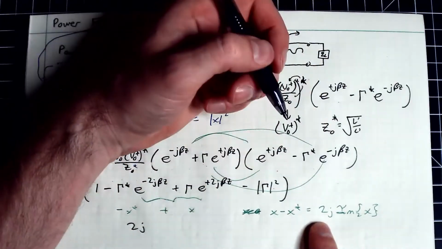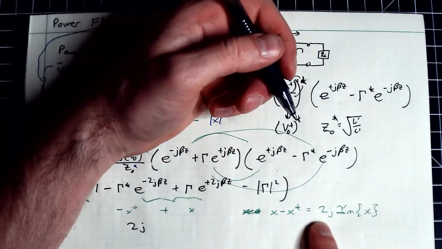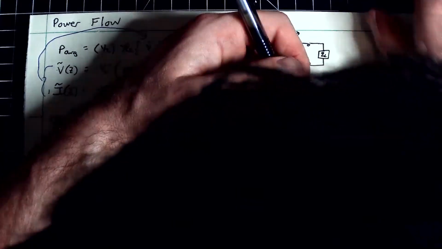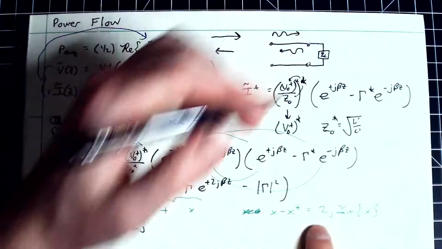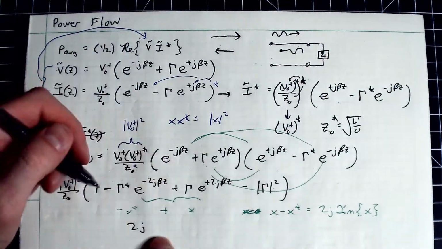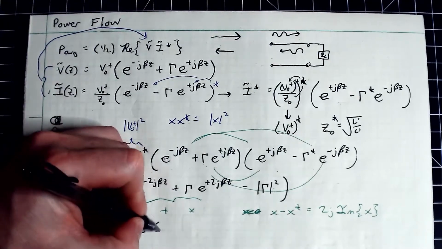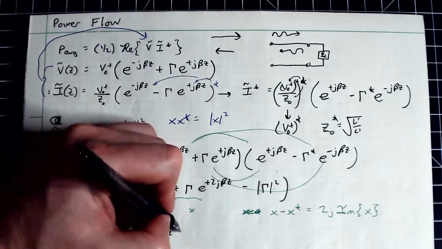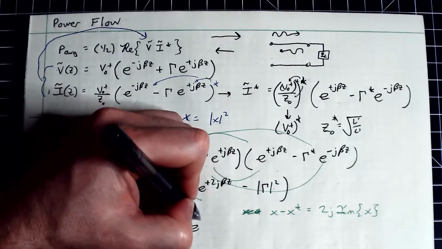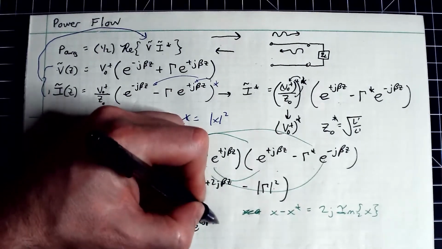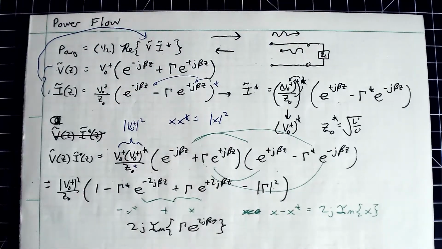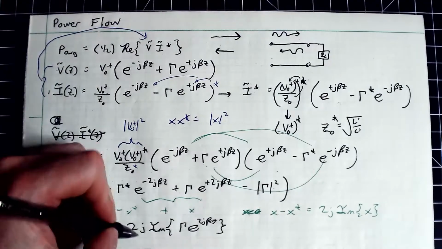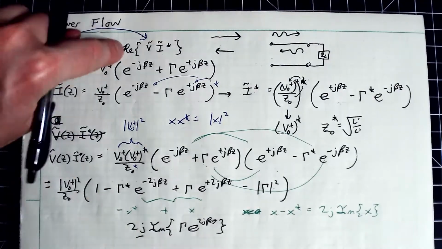Actually, pardon me, there should be a minus sign on this. Is that correct? No. That's plus. So I'll have a 2j times the imaginary component of this, gamma e to the 2j beta z thing here.